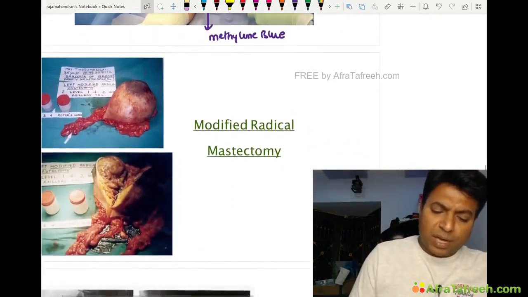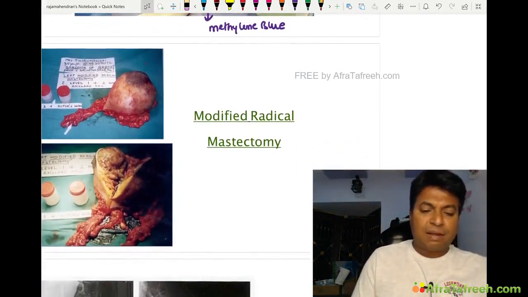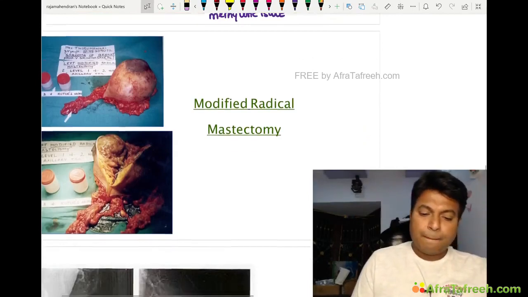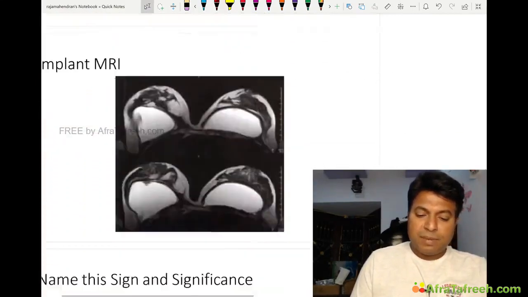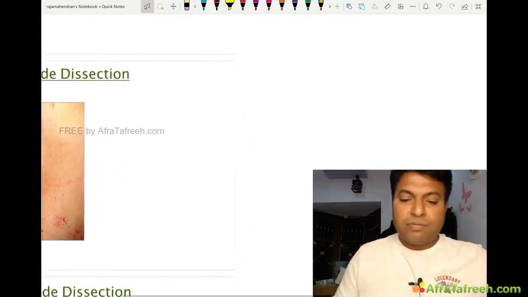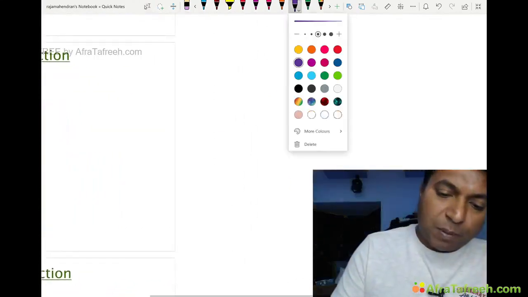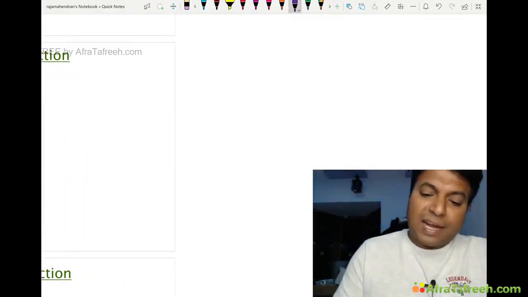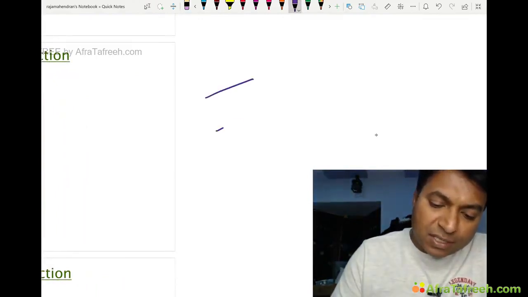This is a picture showing you a specimen of modified radical mastectomy. The same image is coming again. This is a modified radical mastectomy, which I am going to explain now. While doing modified radical mastectomy, what are the structures removed?